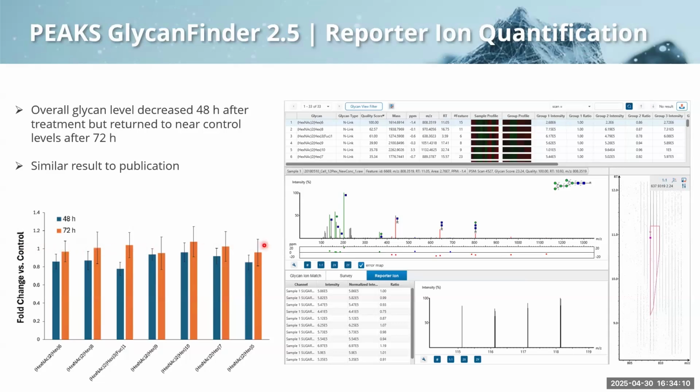So that's the orange group here. And we noticed that the difference is pretty subtle and the reproducibility wasn't amazing, but that actually was a very similar result to what they found in the publication. So this is an example showing how GlycanFinder can be used for this type of application for reporter ion quantification of different treatment groups.